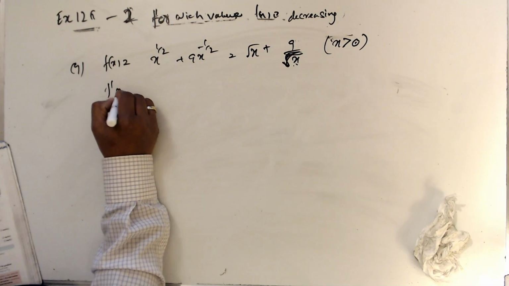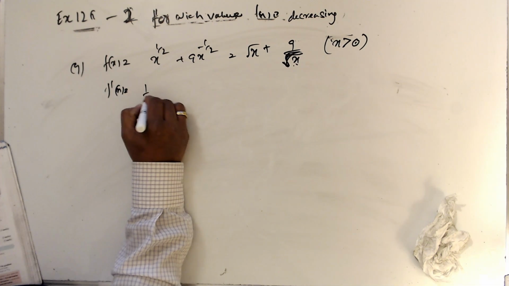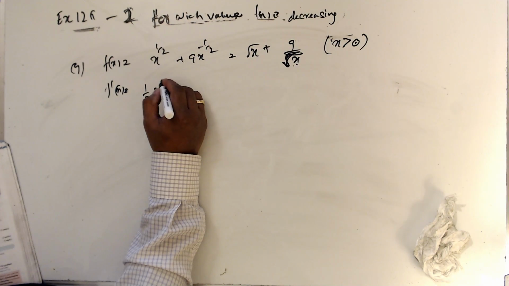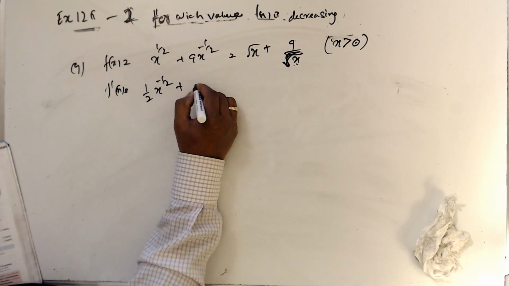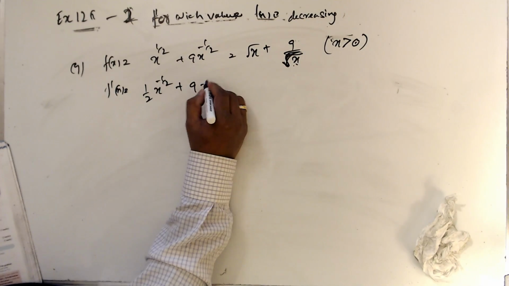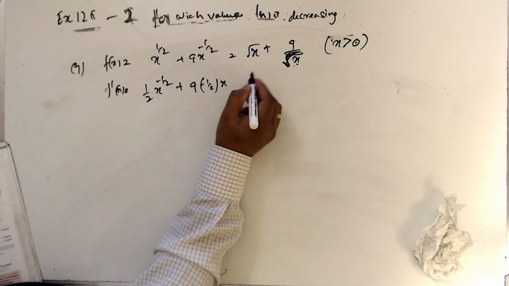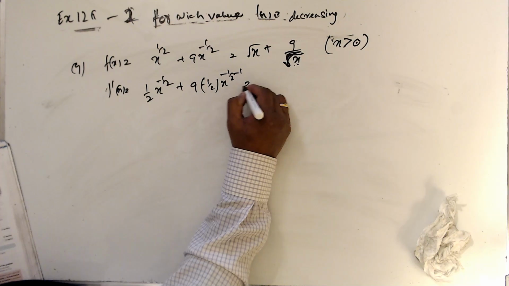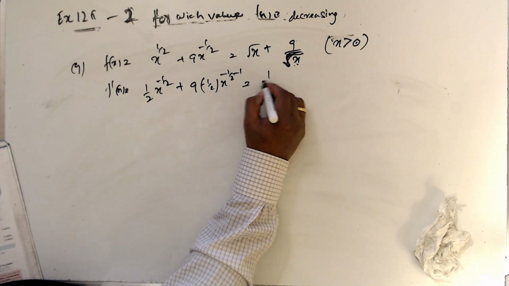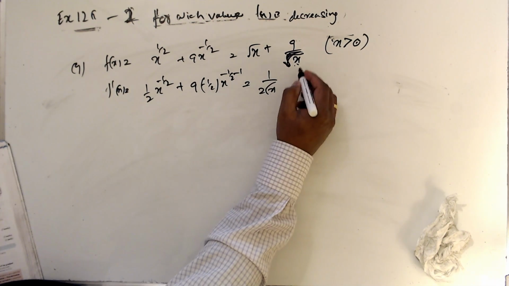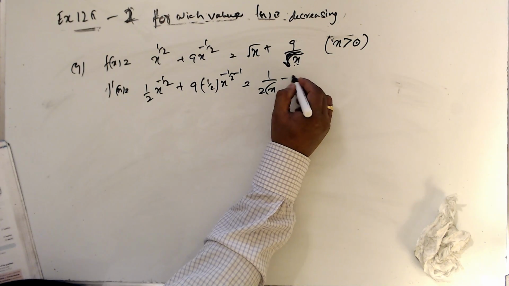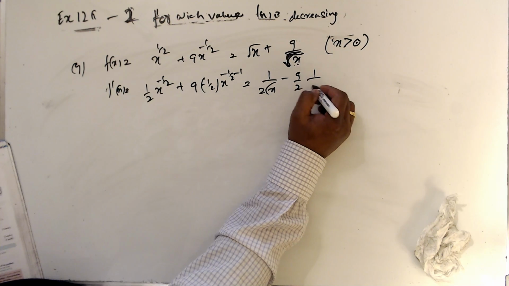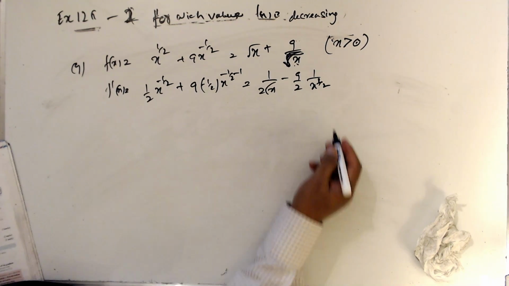So f dash x is half x to the minus half, and this is 9 times minus half x to the minus half minus 1. So this is 1 over 2 square root x, this is 9 over 2, 1 over x to the 3 over 2.